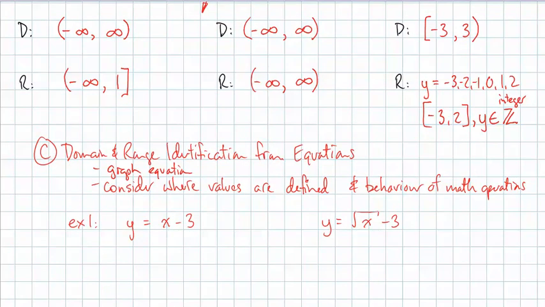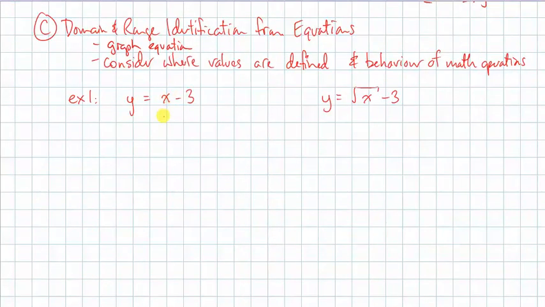And think about the behavior of certain math operations like square roots. Okay, let's have a look at this first one here. If I think about substituting values for x, large numbers, small numbers, positive, 0, negative, fraction, decimal, there should be no problem just substituting and then subtracting. So what this is telling us is that the domain is the element of real numbers. It's all real numbers.